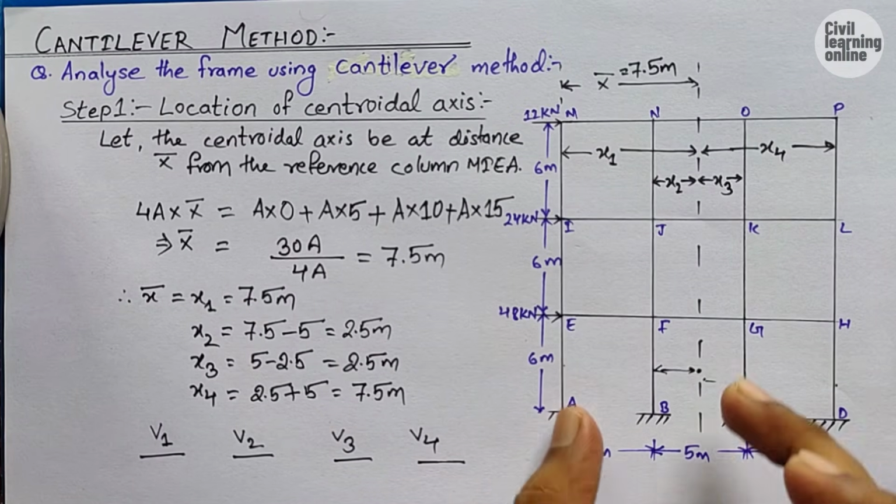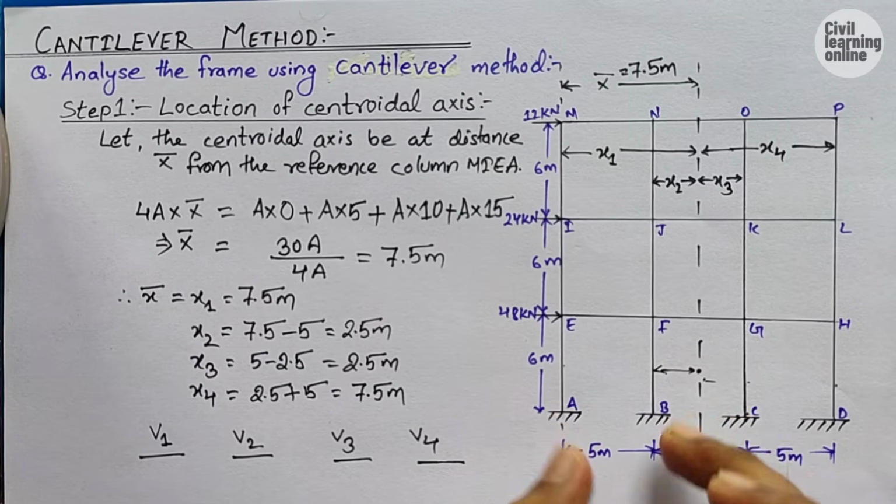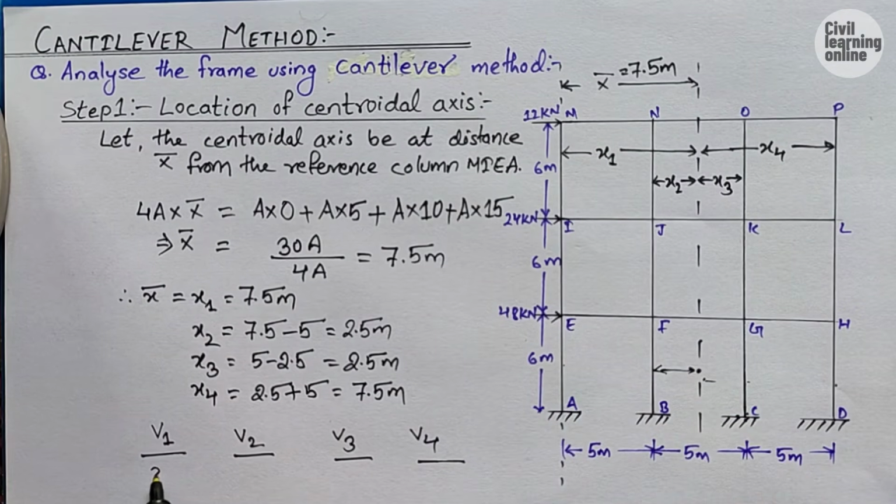The distance of the first column from the centroidal axis is x1, so V1 upon x1 equals V2 upon x2 equals V3 upon x3 equals V4 upon x4.